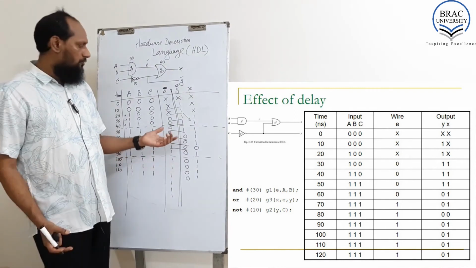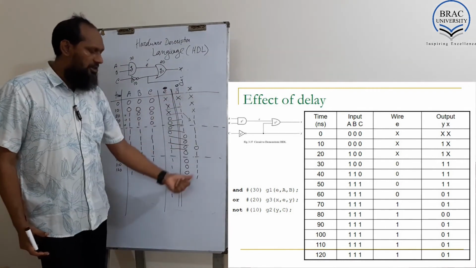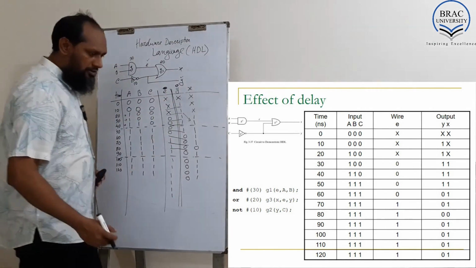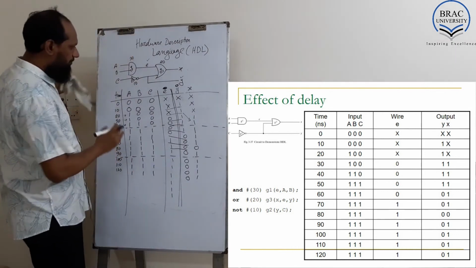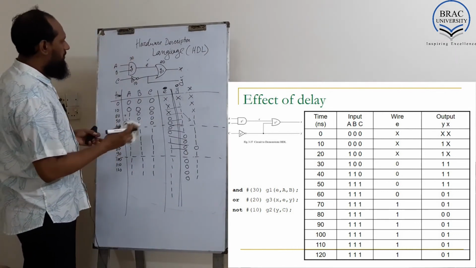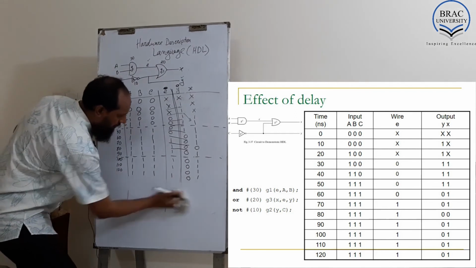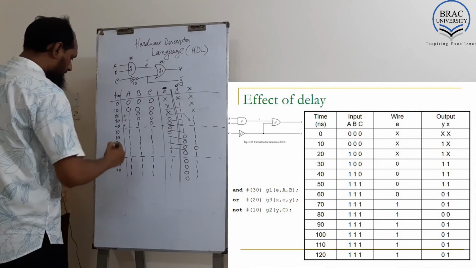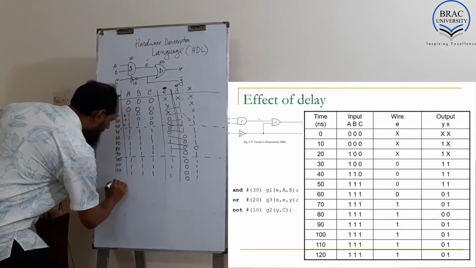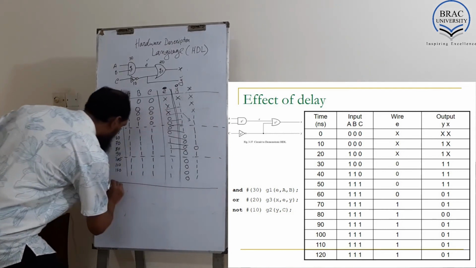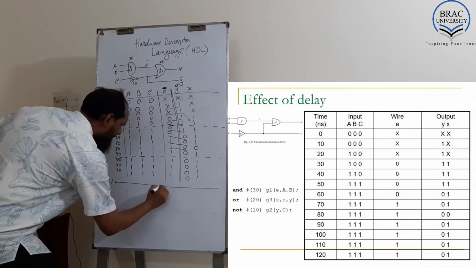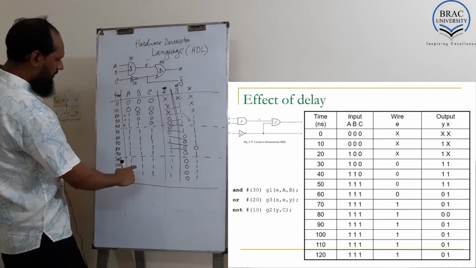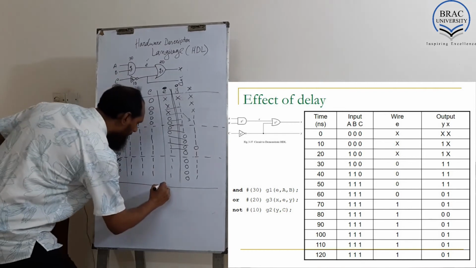So, if I tell you to draw the corresponding time diagram, you can simply draw here. Let's say this is time T, and I think 100 should be enough.